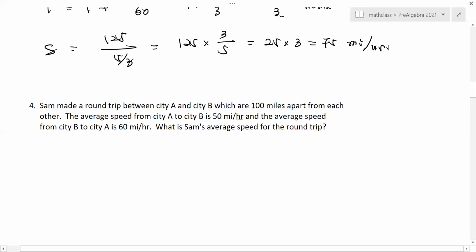So you have A to B and go back from B to A. You already know the speed from A to B, 50 miles per hour, and from B to A, 60 miles per hour.